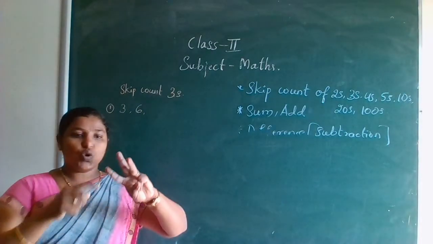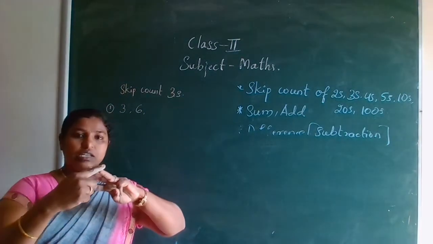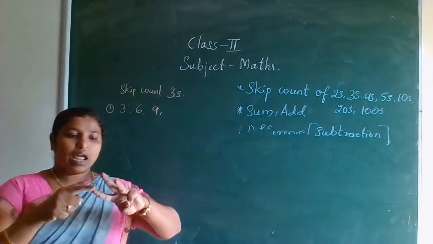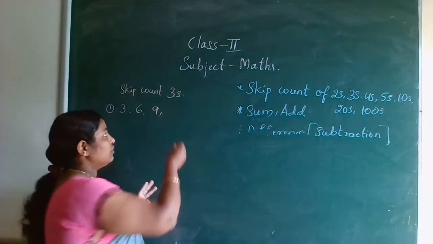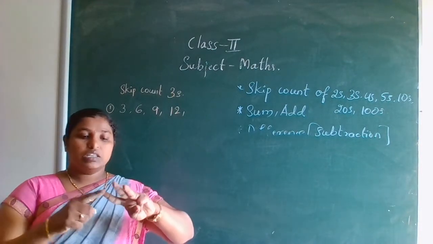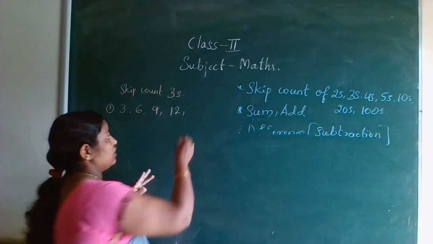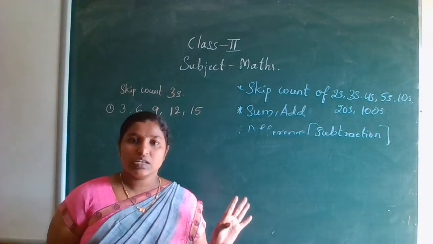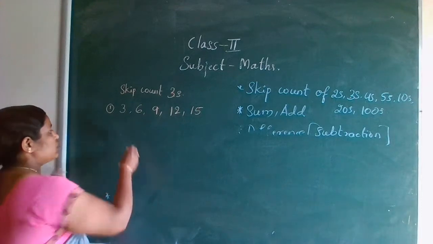Next, 6 don't count. 7, 8, 9. So 9 is the next number. 10, 11, 12. Third finger, which number will come, that you should write. 13, 14, 15. So next is 15. I hope you are understanding this. This is skip count 3s.